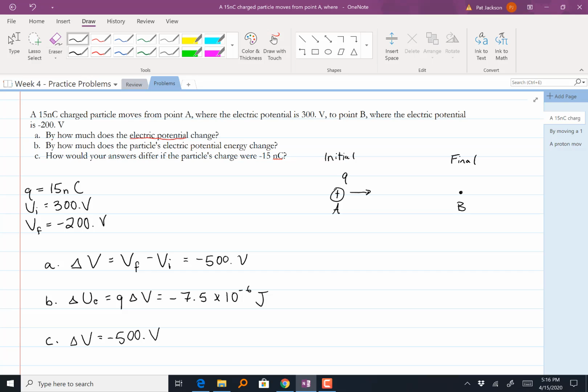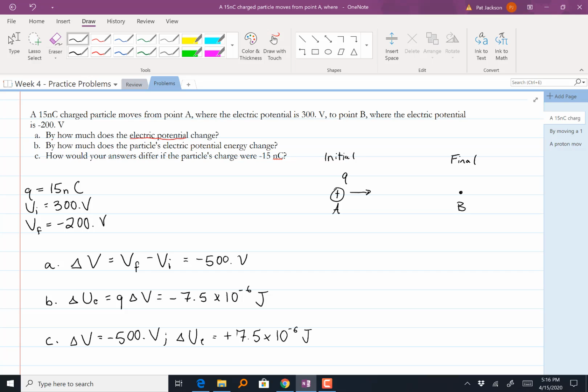But then for the second calculation, if I now have a Q which is negative, then I'm going to get the same magnitude but the opposite sign for my change to my electric potential energy. So that means that the change to the electric potential energy will be a positive 7.5 times 10 to the minus 6 joules.